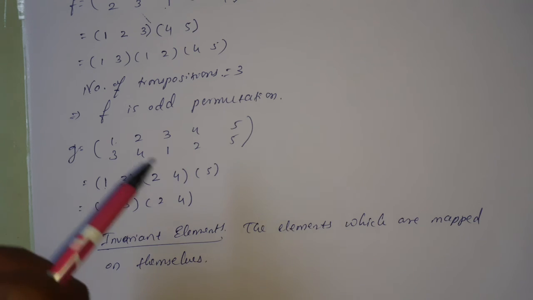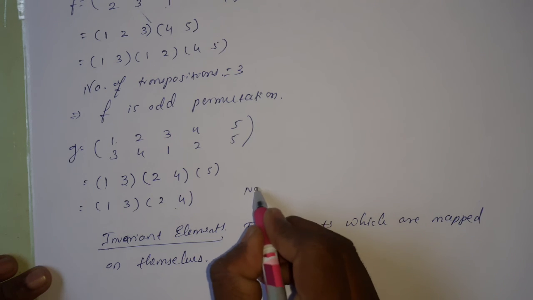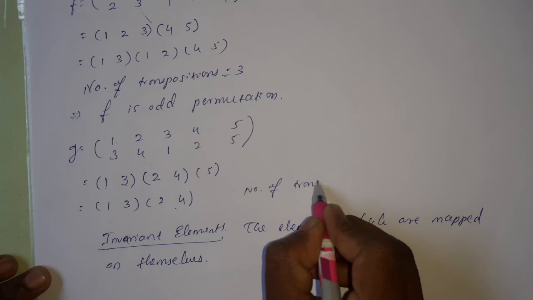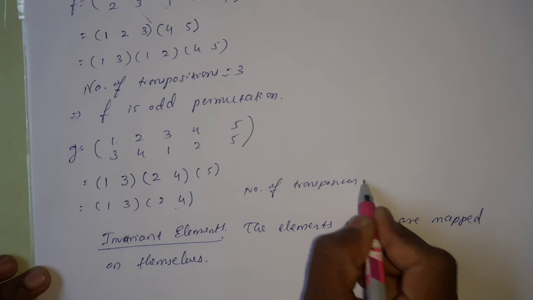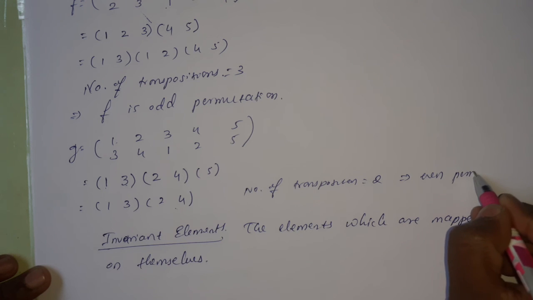So if the image and the element are one and the same, then we consider them as invariant elements. Therefore here the transpositions are (1 3) and (2 4). These two are the transpositions. Then the number of transpositions is equal to 2. It implies that it is an even permutation.